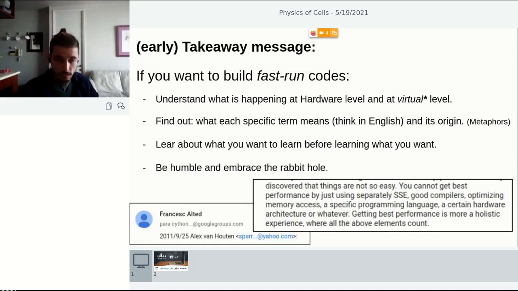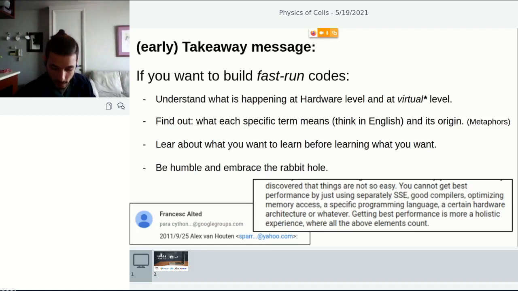For example, in this forum that I showed, someone was asking what's the best language and method and hardware architecture to solve a 2D Laplacian equation.